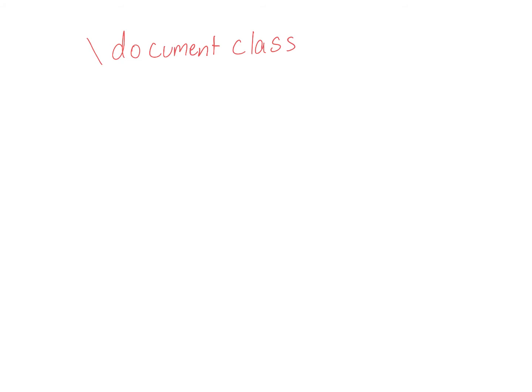And then we'll use the curled brackets and we'll write article. First we'll start with the article placement, and then we'll talk about other options that we can use in LaTeX. So document class article. And then we'll hit enter and go to the next line, and we'll write begin.